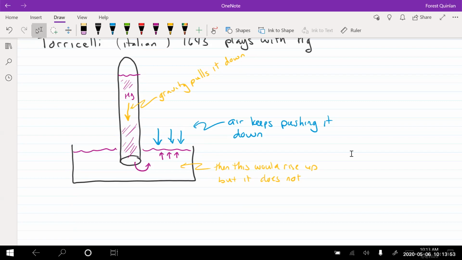As soon as he made it taller than 760, say 800 or 900, the mercury inside would fall down until it stayed at 760 millimeters tall. So if it were above that height, it would fall down until it reached there. If it were below, it would just stay where it was. The air is not going to push it back up until it reaches there.